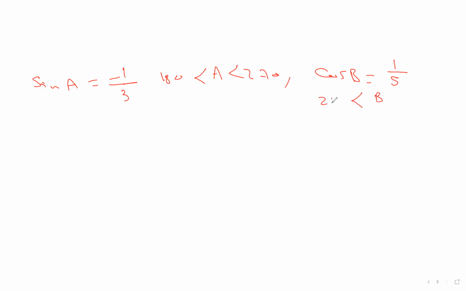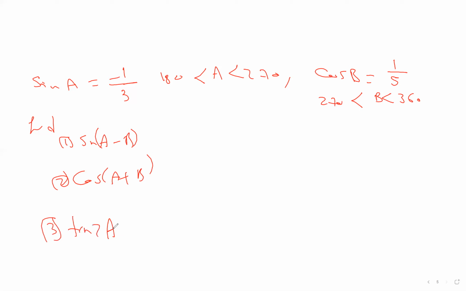As an example, if sine A equals negative 1/3 and A is between 180 and 270, and cosine B equals 1/5 and B is greater than 270 and less than 360, find number 1, sine A minus B, number 2, cosine A plus B, number 3, tan 2A.